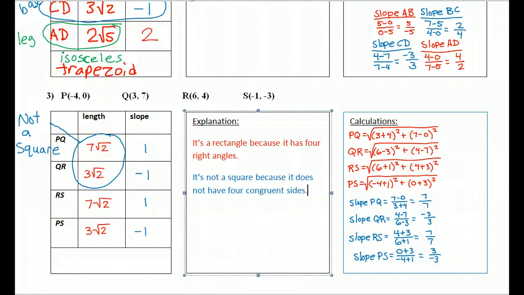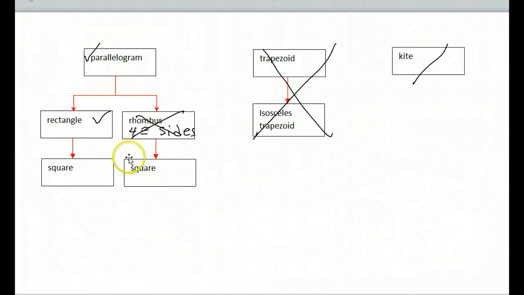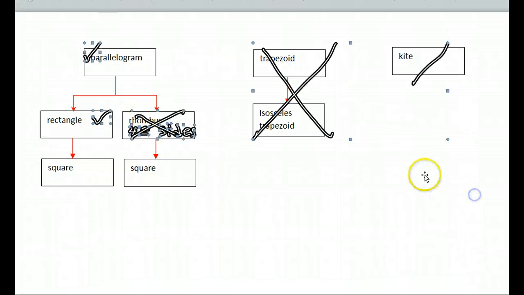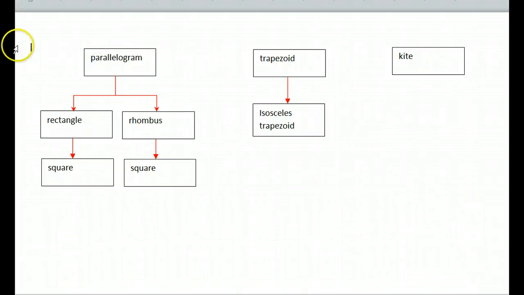Just remember, anytime there is something more specific than what you're choosing, always keep this chart in the back of your mind. If you're going to choose parallelogram, you have to say why it's not a rectangle or a rhombus. If you're going to choose rectangle, you have to say why it's not a square. If you choose rhombus, you have to say why it's not a square.